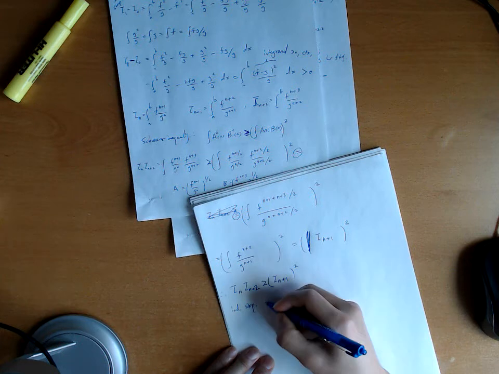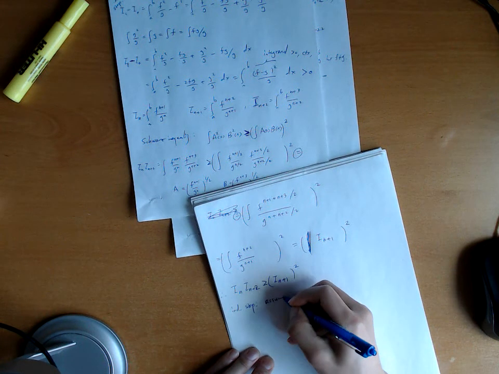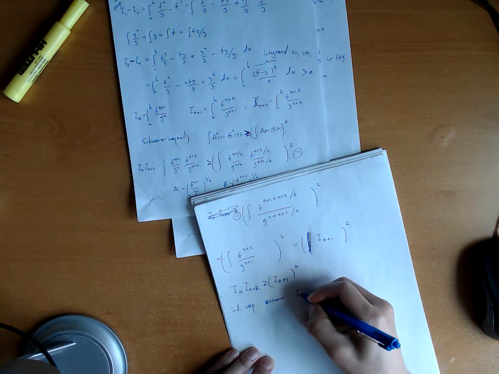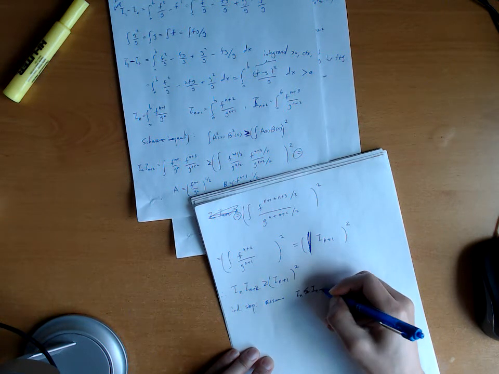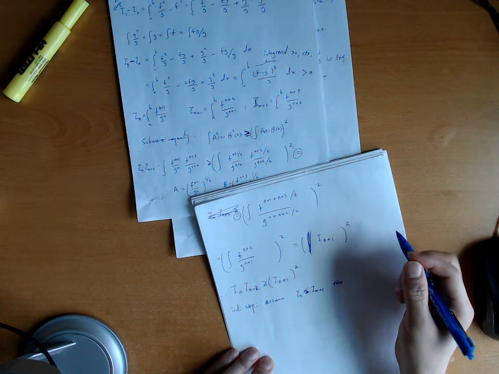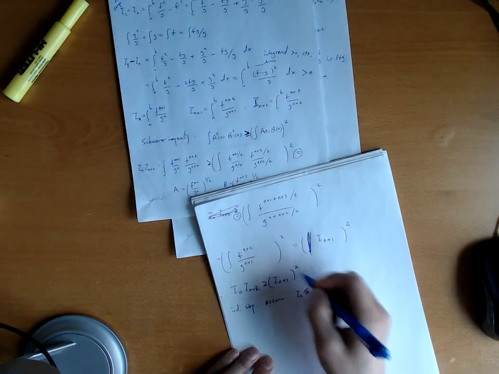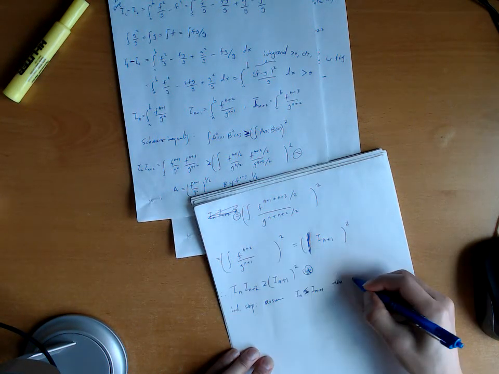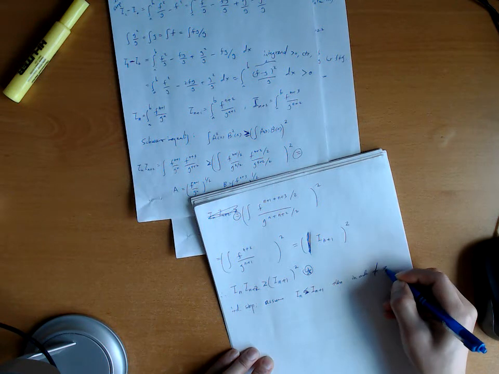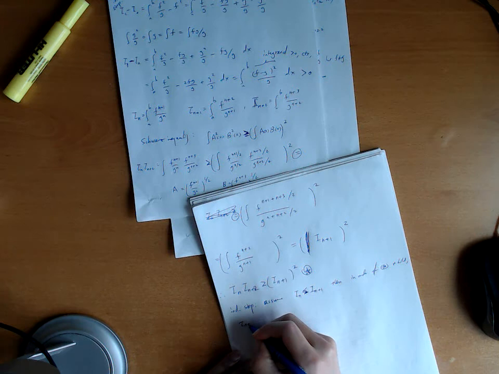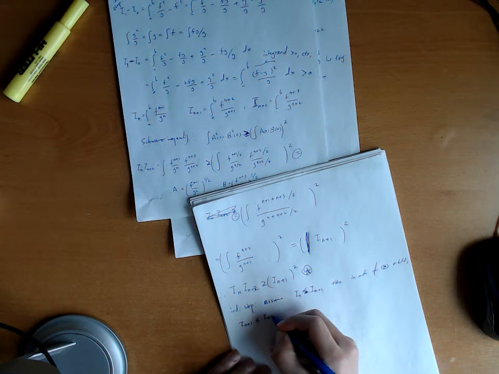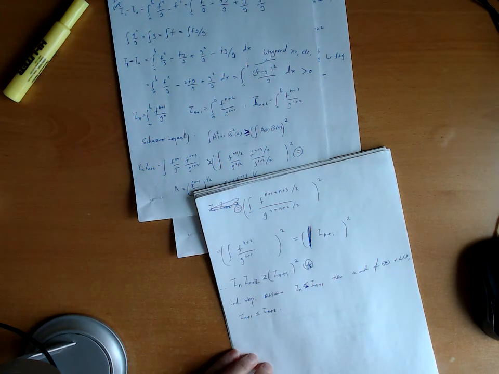I can say assume I_n is less than or equal to I_{n+1}, then in order for this to hold, I_{n+1} must be less than I_{n+2}. And that's it.